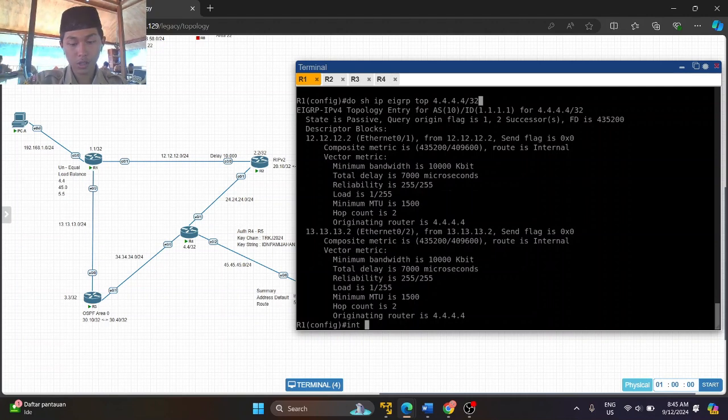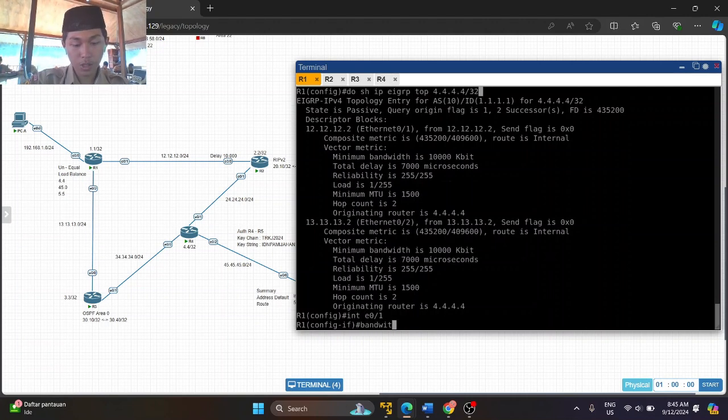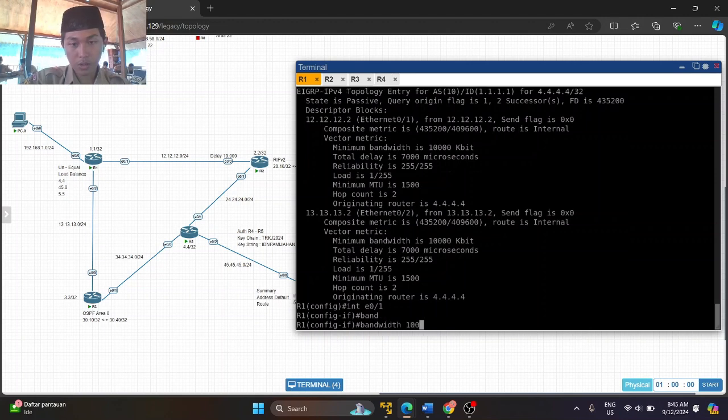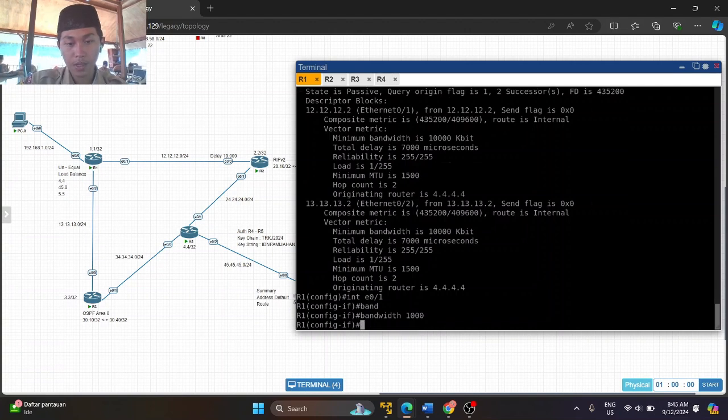So let's change interface 0/1 bandwidth 100, just change to 1,000, because the bigger bandwidth will decide the best path. Okay, after we change, let's check again in the topology.